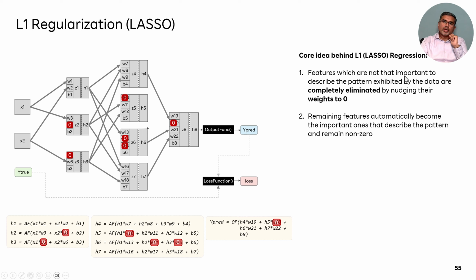So what is the core idea behind Lasso regularization? The core idea is that features that are not important, that describe the data, you completely eliminate them by setting their weight to zero, which essentially means that the remaining features are the more important ones.